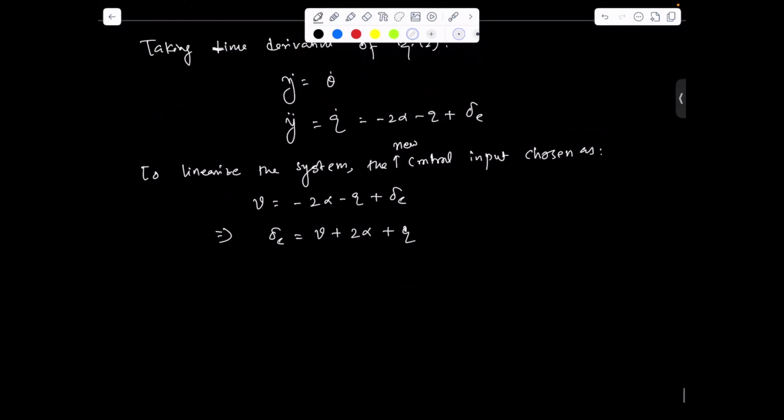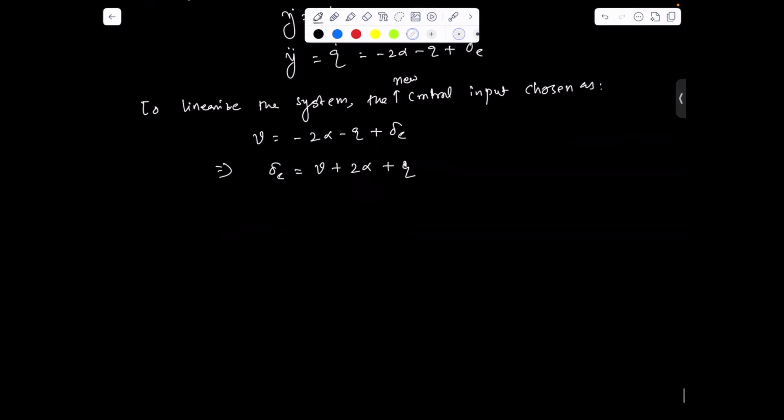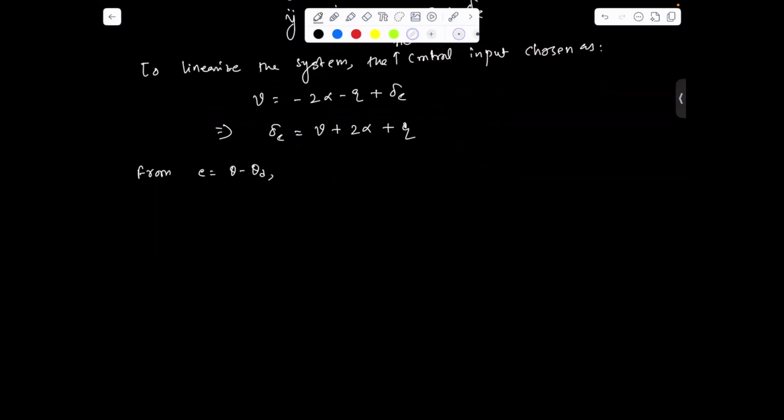Now let us define the error dynamics, so we can bring the system into error dynamics form. From e equal to theta minus theta d, we can write e dot equal to theta dot minus theta d dot.